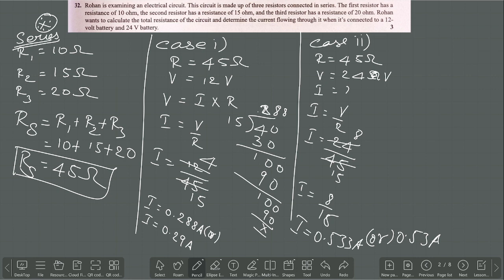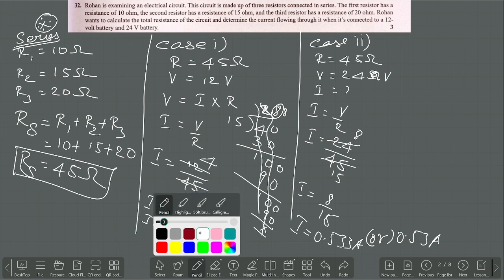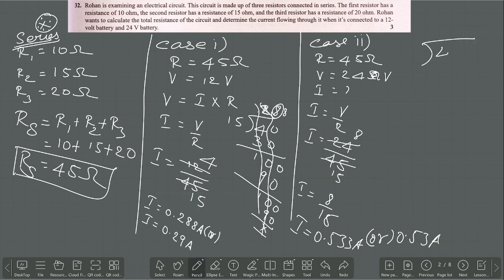15 into 8. Someone said 8, right? Wait, we'll do the division again. Do the division. 4 by 15. We can't divide, so we added a 0 and keep a decimal place. 2 15s are 30.